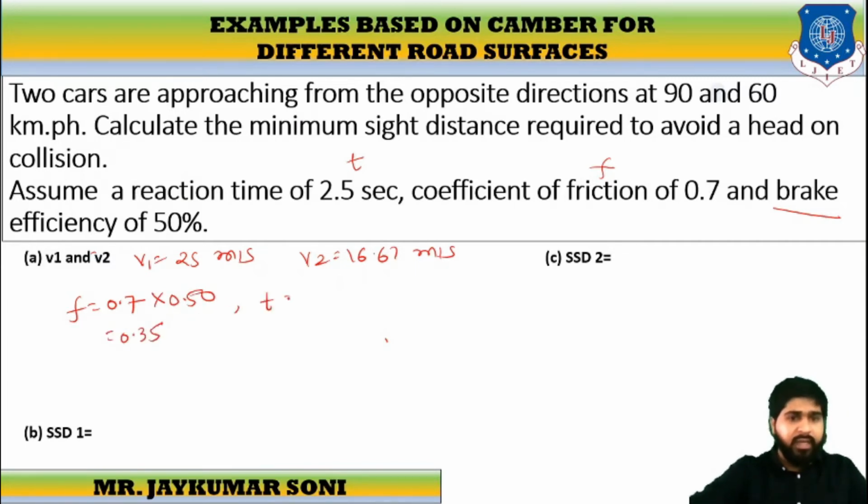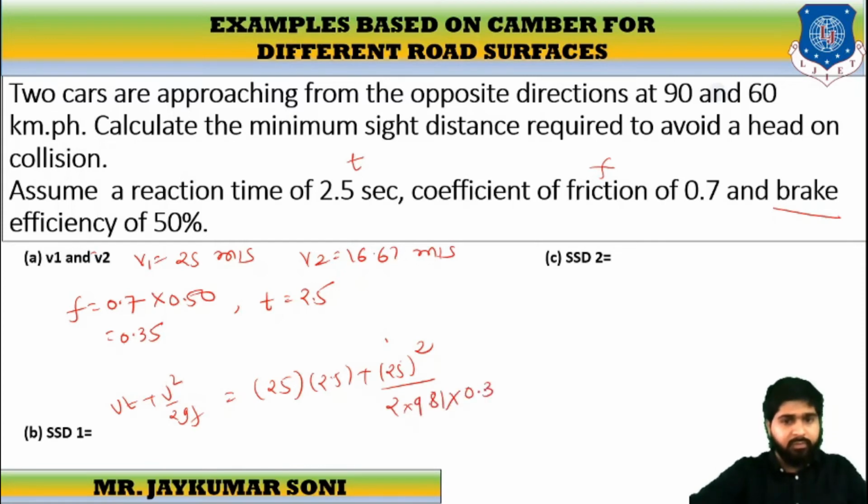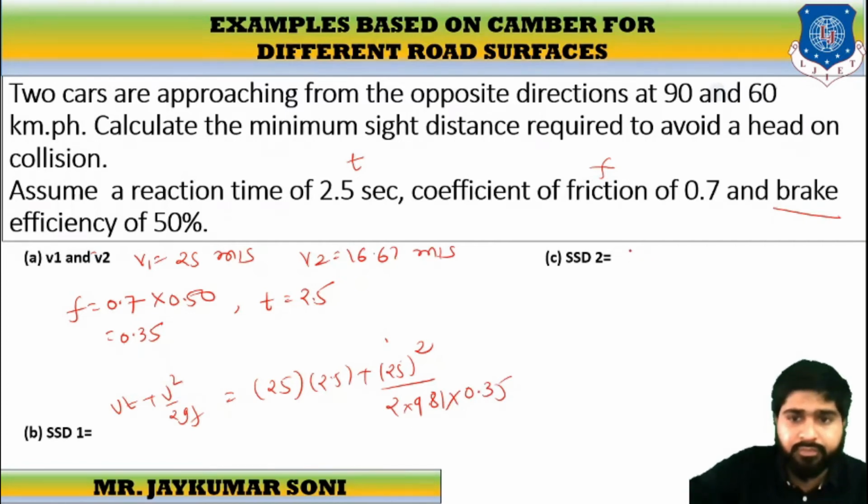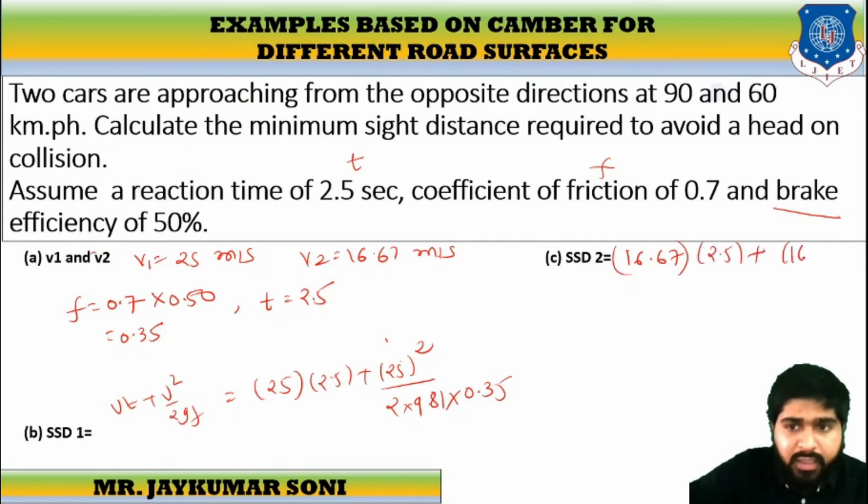We are given the value of t as 2.5. What we will do, we will calculate SSD1. That will be Vt plus V square by 2gf. That will be 25 into 2.5 plus 25 whole square by 2 into 9.81 into 0.35. For V2, it will be 16.67 into t, then 16.67 whole square by 2g into f.